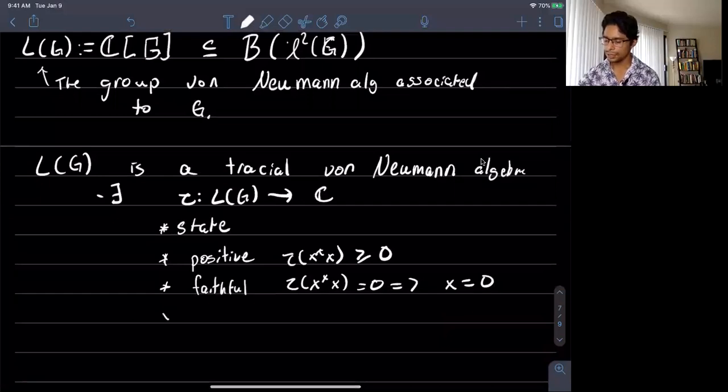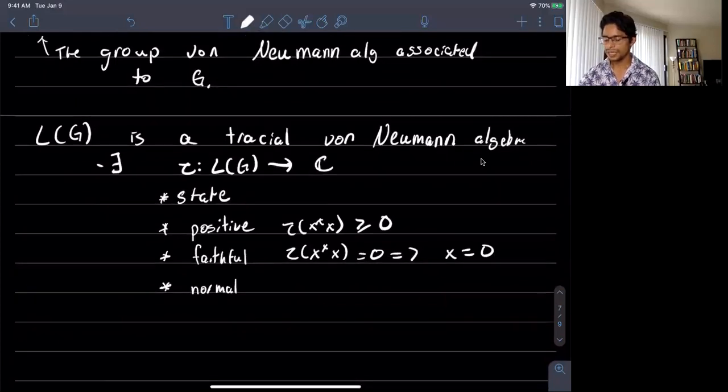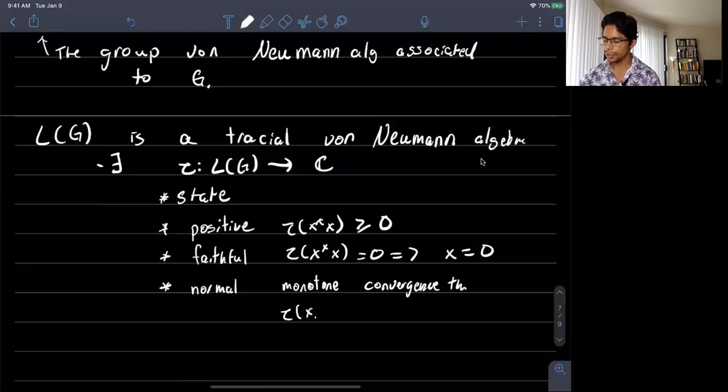And it's normal, which essentially means that it satisfies the monotone convergence theorem. If you have a bounded increasing sequence of operators, you get continuity, whenever these things are bounded and increasing.